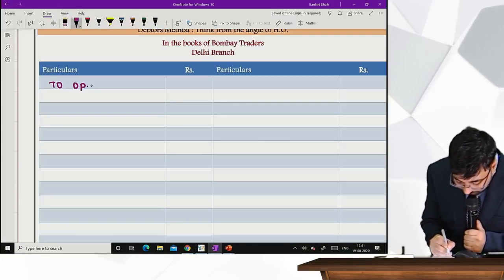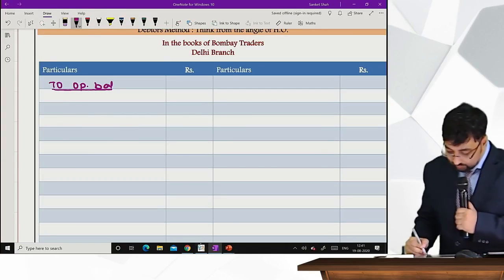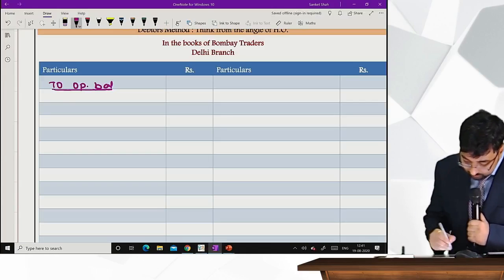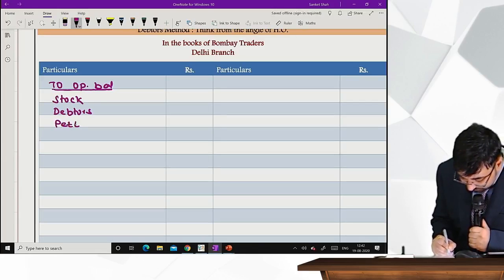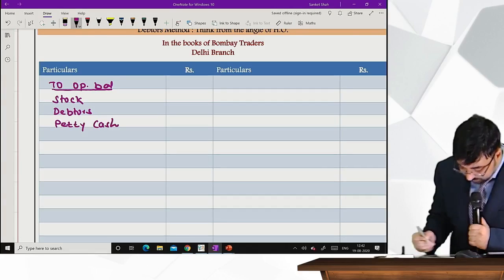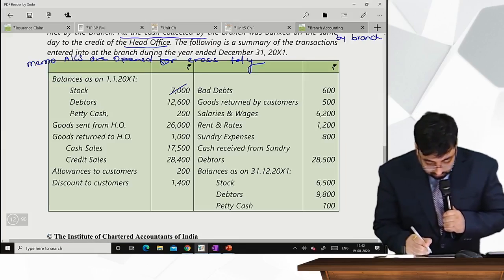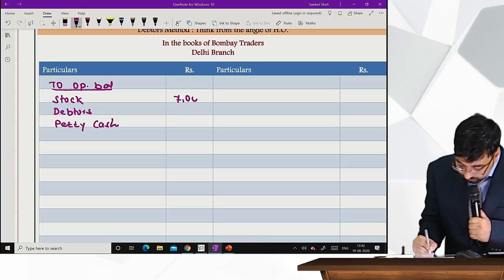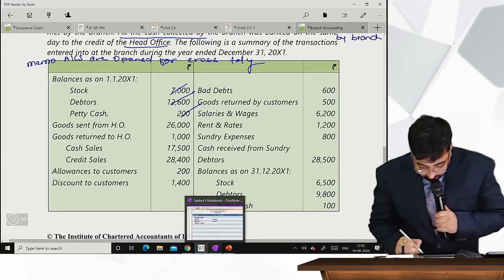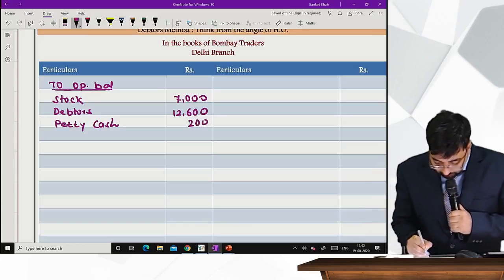To opening balance, stock, debtors, petty cash. What is the amount? 7,000, 12,600 and 200.